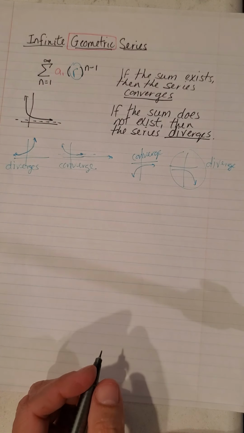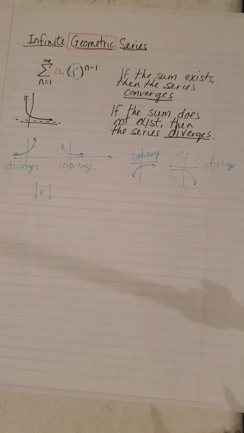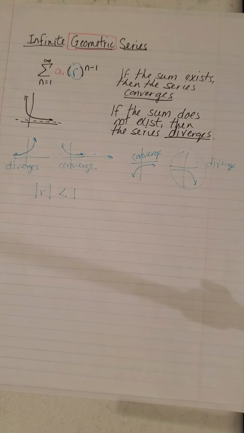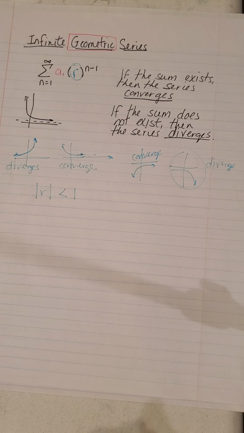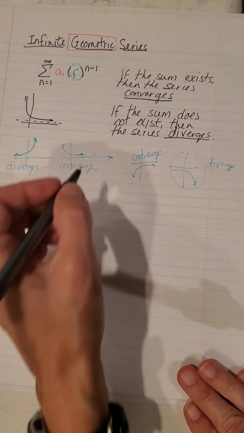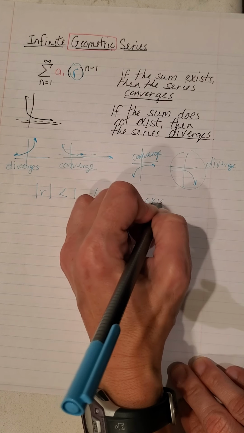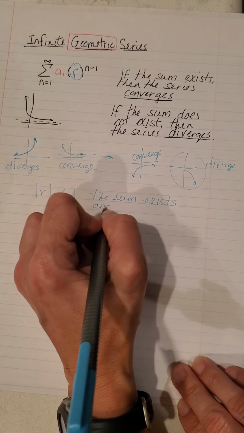And so how we can tell is actually quite simple. It has to do with the absolute value of the ratio. If the absolute value of the ratio is less than 1, meaning it's a fraction, then the sum exists and the function or the series converges.